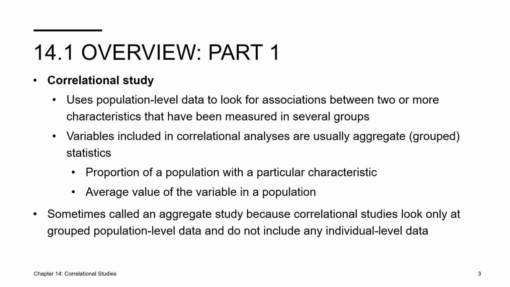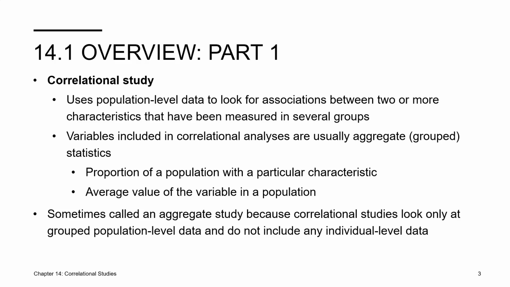Section 14.1 Overview. So in this chapter you will learn that a correlational study uses population-level data to look for associations between two or more characteristics that have been measured in several groups. Variables included in correlational analyses are usually aggregate or at a group level.